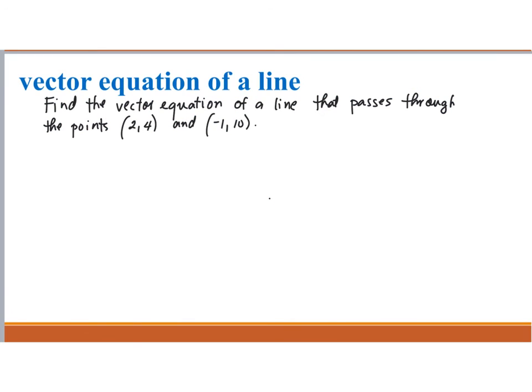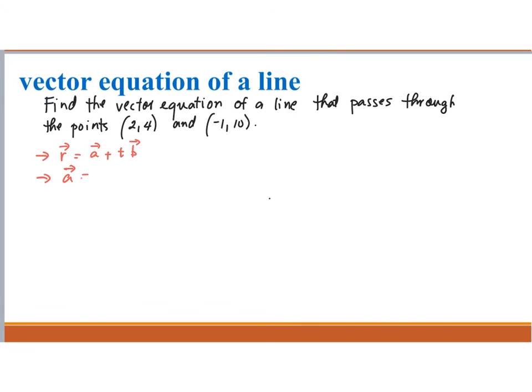Let's try this problem. Find the vector equation of a line that passes through the points 2, 4 and negative 1, 10. We start by keeping in mind that the formula we are using is R is equal to A plus TB. For A, because you have 2 points, there are two possibilities.